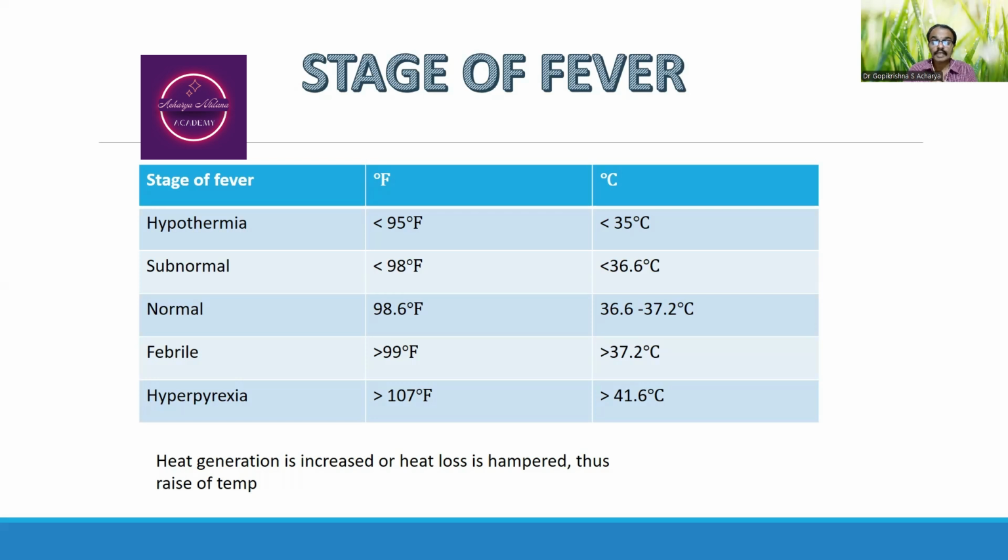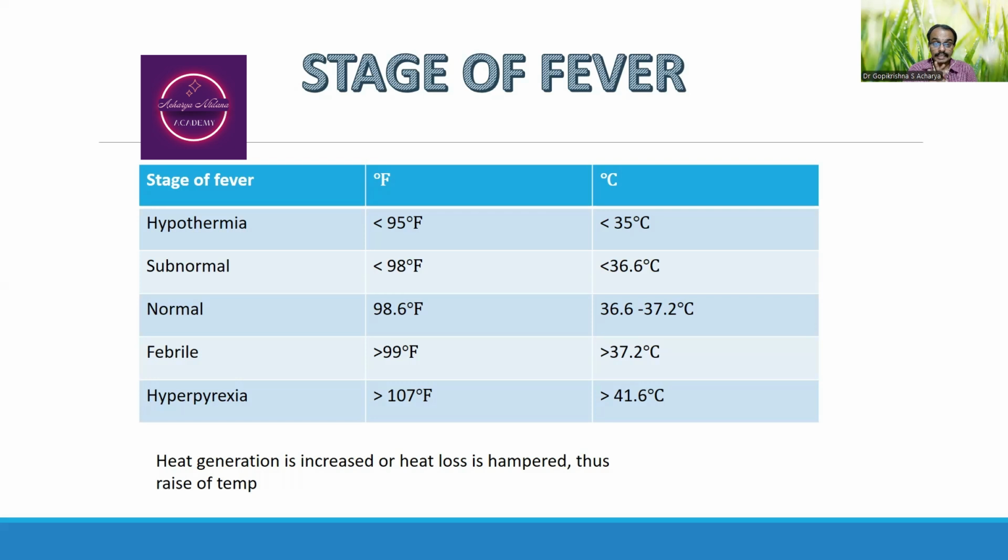Normal is 98.6 degrees Fahrenheit or otherwise 36.6 to 37.2 degrees Celsius. Febrile stage is more than 99 degrees Fahrenheit or otherwise more than 37.2 degrees Celsius. Hyperpyrexia is more than 107 degrees Fahrenheit or otherwise more than 41.6 degrees Celsius.